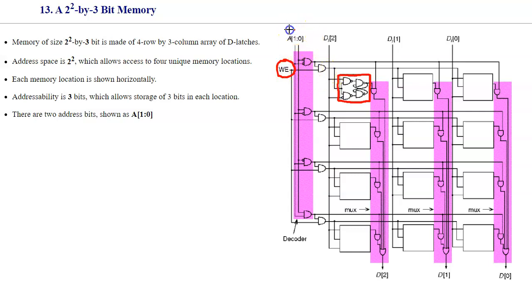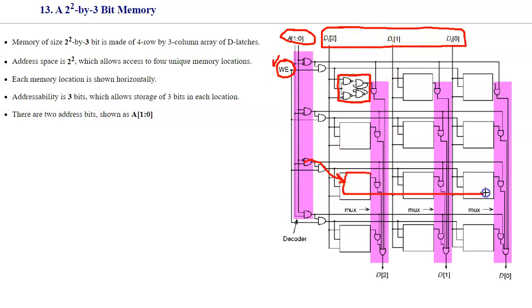Of course, as we discussed for the D latch, we have the write enable signal, which, based on the combination with the address signal, can switch on and allow us to store this data somewhere in memory where this address is directing the write enable signal to be activated. So for instance, if write enable combined with a specific signal passing through this decoder specifies this memory location and write enable is on, then this data will be stored right here in this memory location made up of these 3 cells.